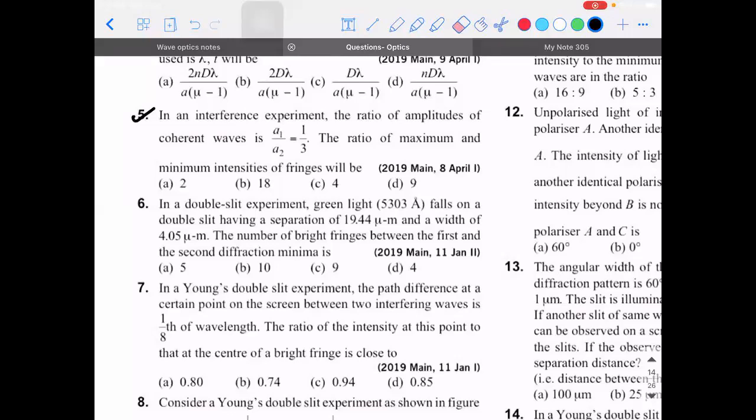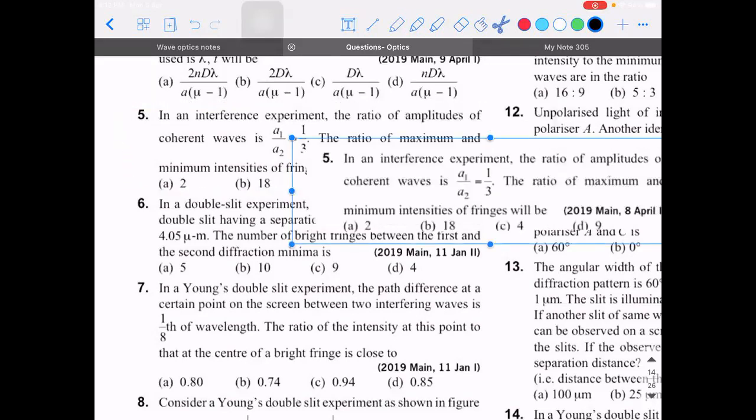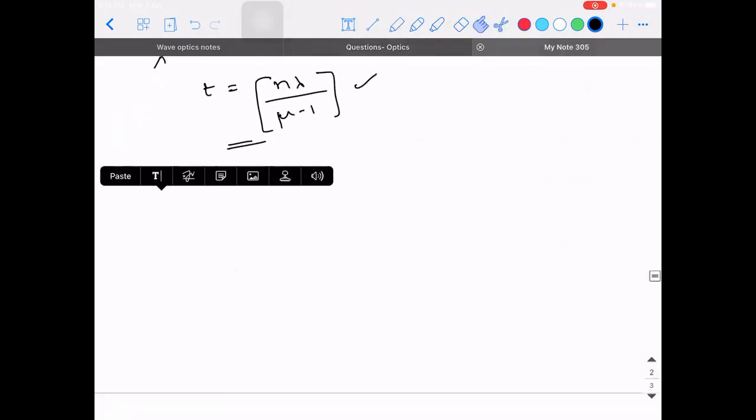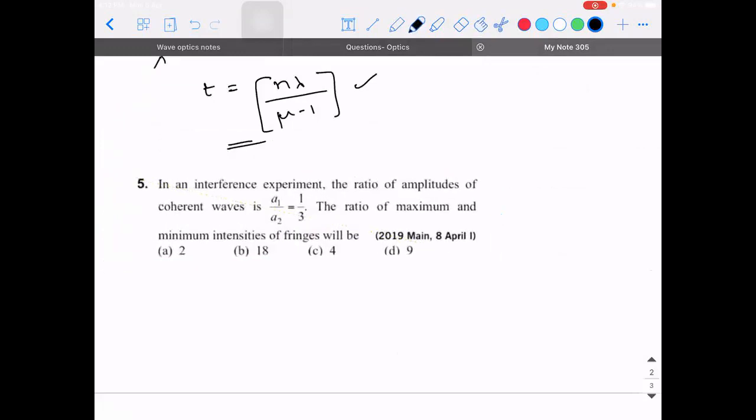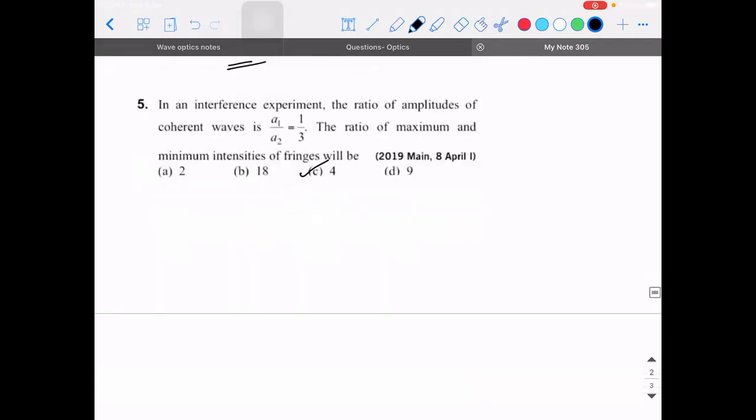Do it fast and tell me what is the answer. 4. Correct. Others got it?